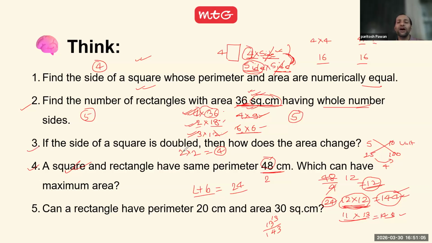So if the side of a square is doubled, then how does its area change? I have taken the example of 2. So my area becomes 2 into 2, 4. Now the side is doubled, so 2 becomes 4. Now the side is 4, so the area will be 4 into 4, that is 16. Earlier my area was 4, my new area is 16.